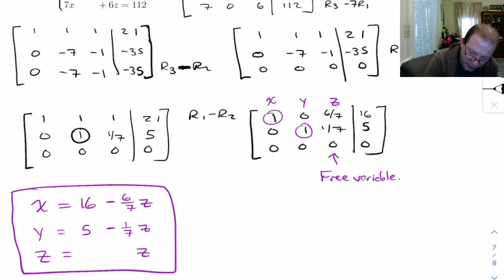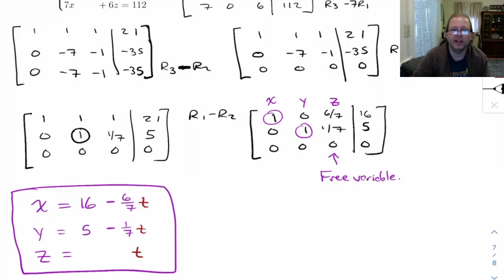That's what our book is going to do. It's fine with me if you just left it as z, but the book is going to change that to t. And so that's the solution for this. And that right there would give us that plane in three-dimensional space. I'm sorry, not a plane in three-dimensional space, a line.